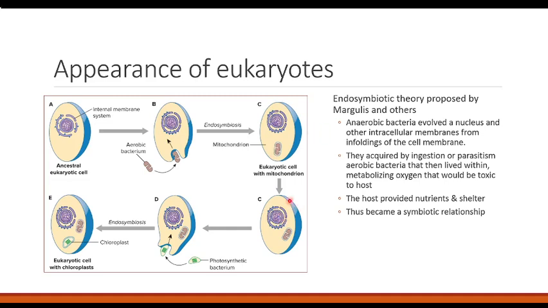So for the photosynthetic organisms that are eukaryotic, like plants and algae, they also ingested a photosynthetic bacterium that has the chloroplast. The chloroplast also has its own DNA. So in the end, you get the eukaryotic cell with chloroplasts. This is important because animals are eukaryotic.